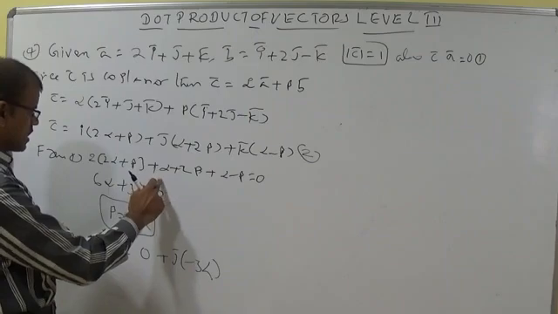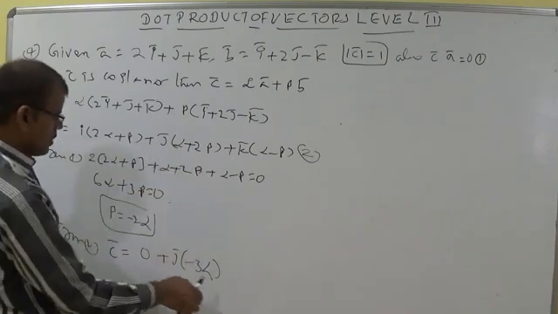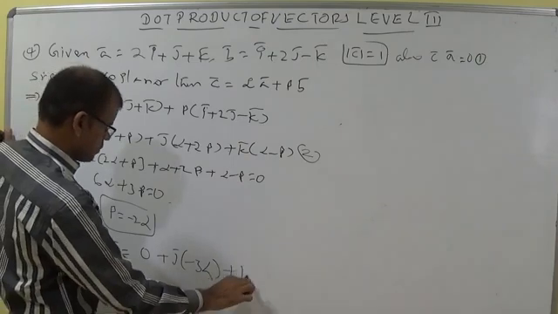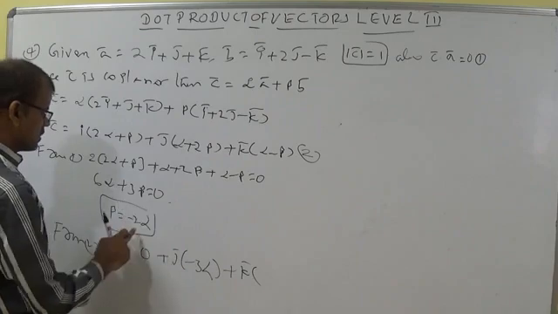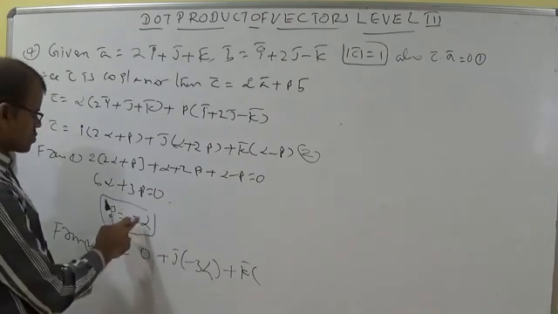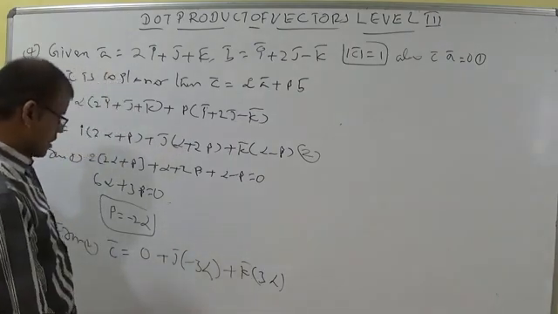Next, k bar into (alpha minus beta): here minus becomes plus, alpha plus 2 alpha becomes 3 alpha. Okay, 3 alpha taken common.